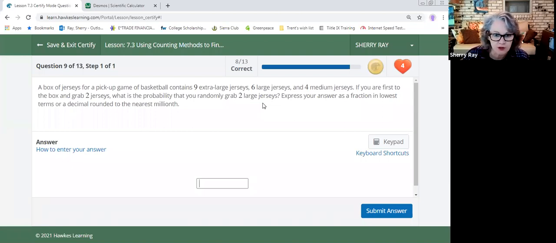If you are the first, what's the probability that you grab 2 large jerseys? There are 6 large jerseys. So you have 6, and you will choose 2 of the large out of a total of 19 jerseys, and you're choosing 2 jerseys. So this is another combination. We're going to go to my calculator.